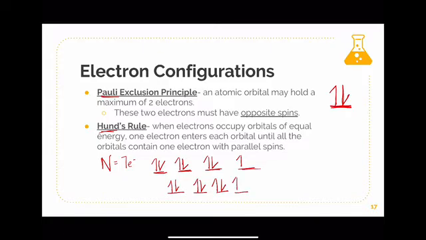That maybe wasn't the best example because it worked out the same way. But some examples it won't work out the same way. Okay? And so when electrons occupy orbitals of equal energy, 1 goes in each spot first before it starts doubling up. Okay? And that is Hund's rule. That's what Hund's rule tells us.